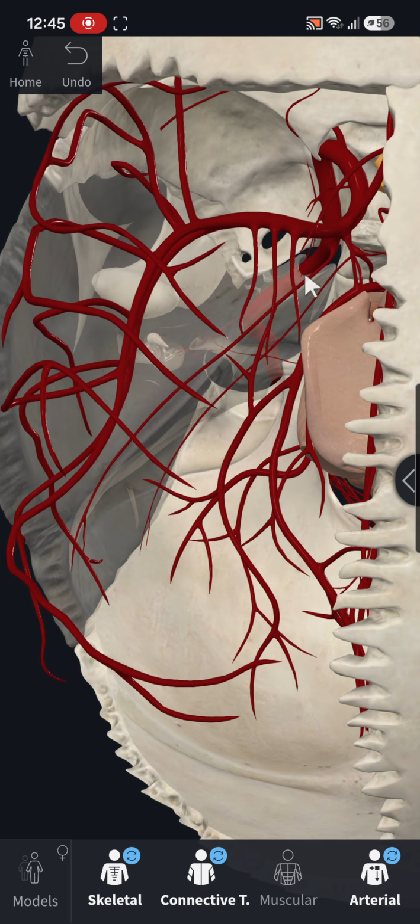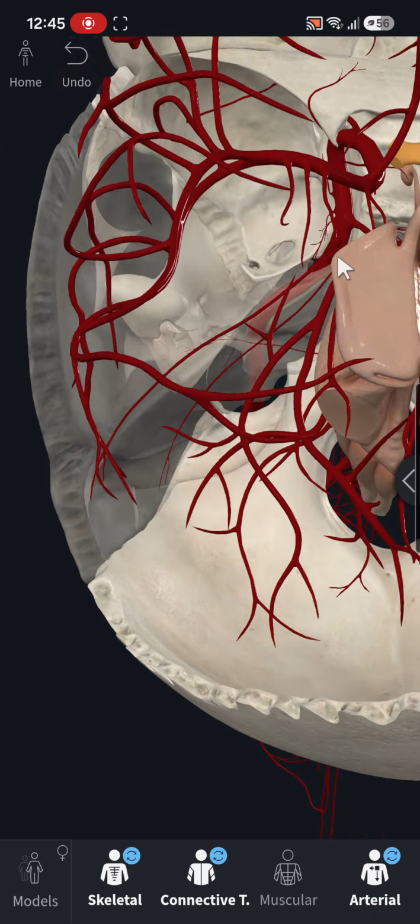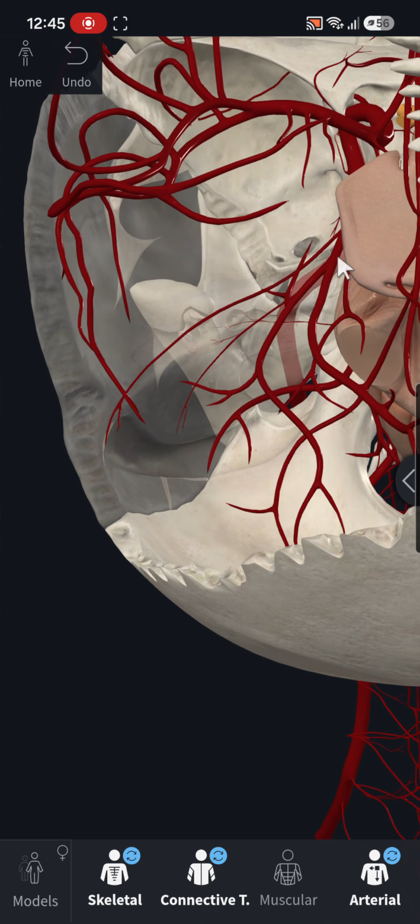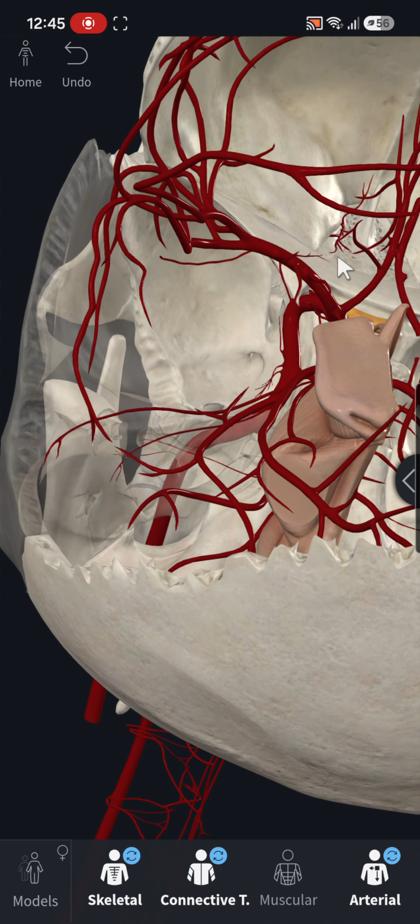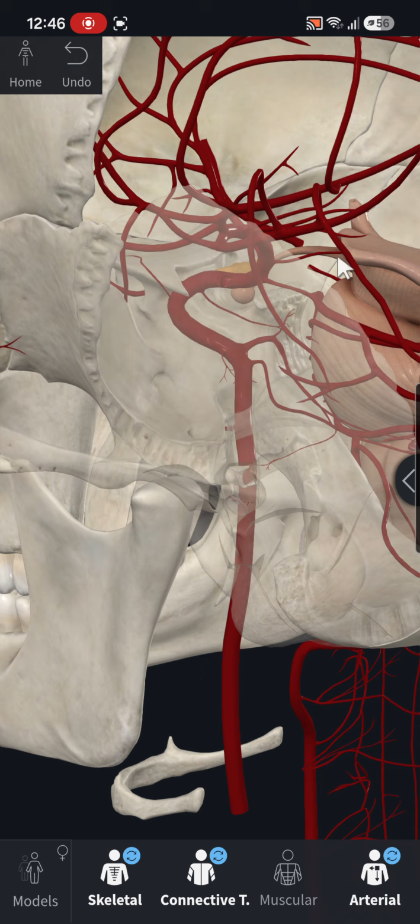So it's this intersection, and it gives no branches. And then we move superiorly and anteriorly. So here again, this is the petrous segment, and then we move superiorly and anteriorly, and this is the foramen lacerum, and this is the lacerum segment, or C3, gives no branches.